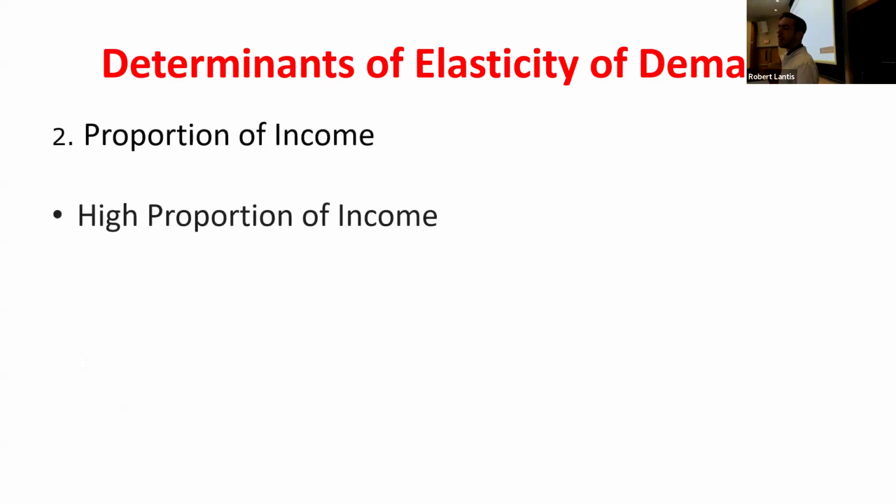Now, what might be a little bit less, maybe you haven't thought about this before, it'd be harder to think about. If I'm spending a large proportion of my income on something, what am I more likely to be? Not necessarily elastic, but like if you're going out and you're buying a new home. Homes are hundreds of thousands of dollars, right?